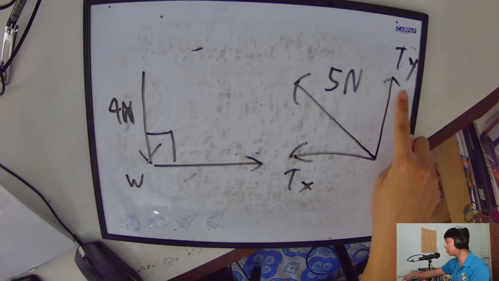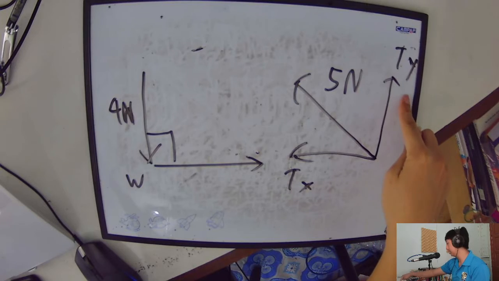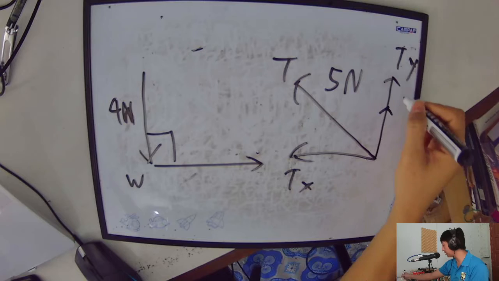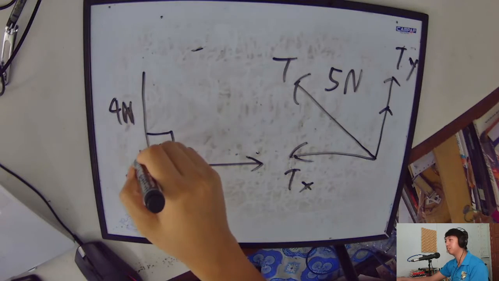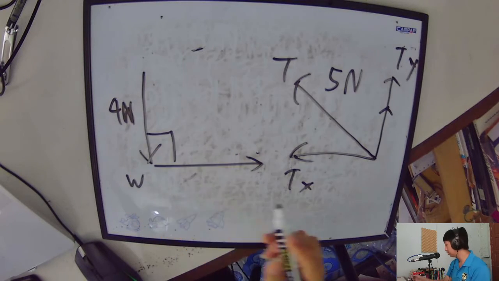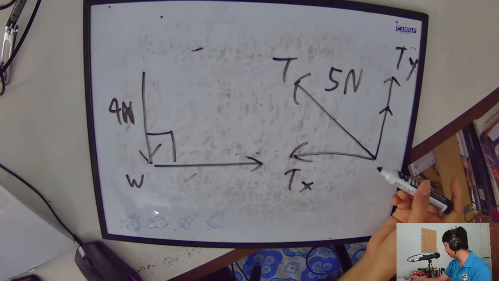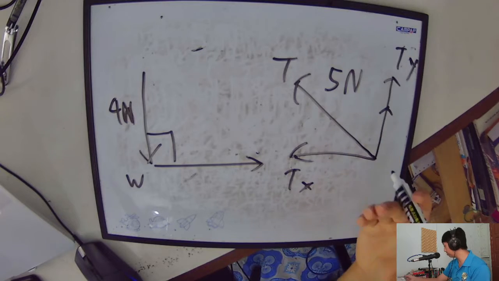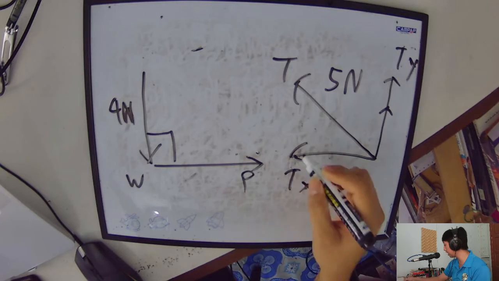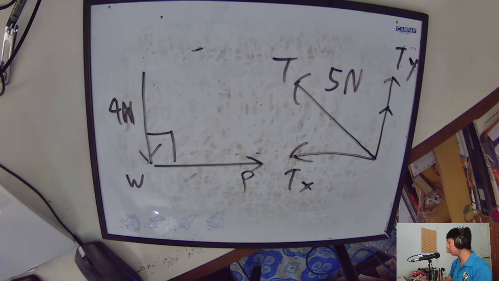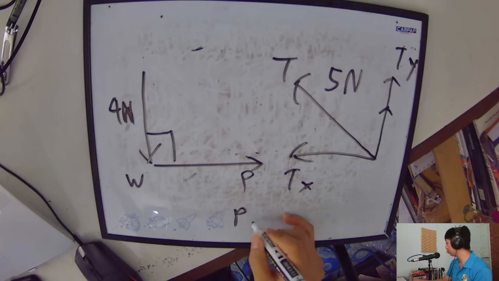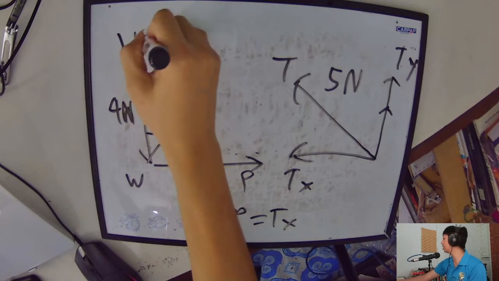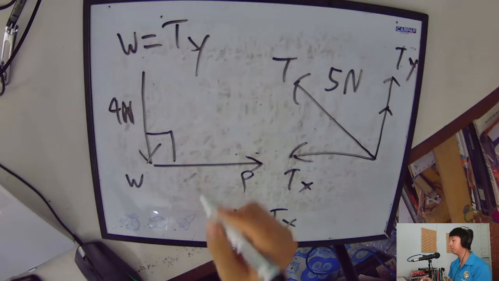The horizontal aspect of line T is going in the opposite direction of P, and the vertical is going in the opposite direction of W. So P will cancel out Tx and W will cancel out Ty.